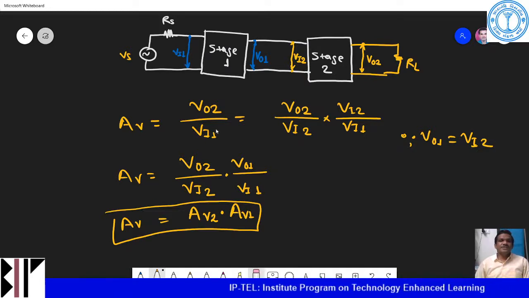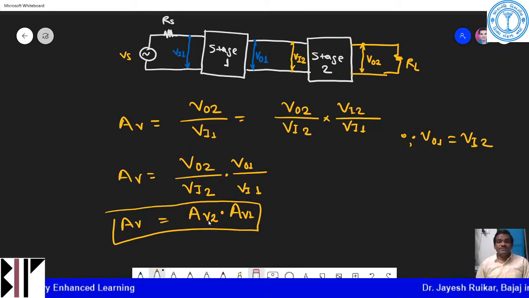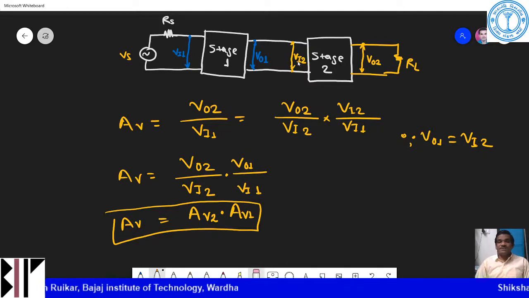Here two stages are there, stage 1 and stage 2, so the overall voltage gain is the product of the two individual voltage gains. In this block diagram we have not considered any biasing arrangement, only to simplify the circuit.